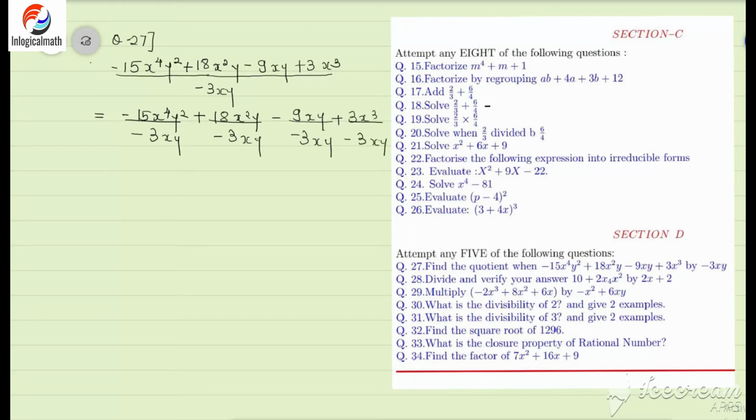See, now this x will cancel with this x raised to 4, and we will get 3. Now y cancels with this 2, and x will cancel with this 2. Y cancels with this y. This x cancels with this 3. We get 2. So minus 3 cancels, 3 ones are 3, 5 3s are 5 x raised to 3 y.